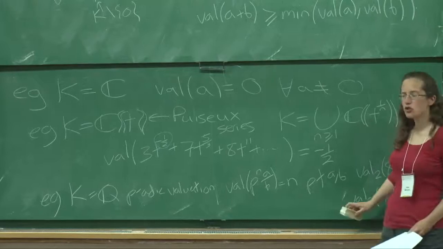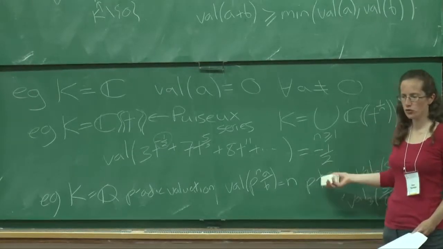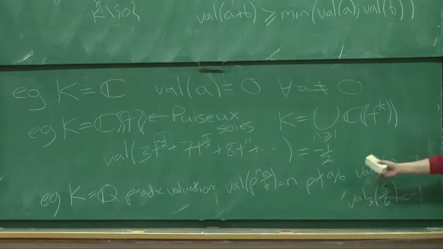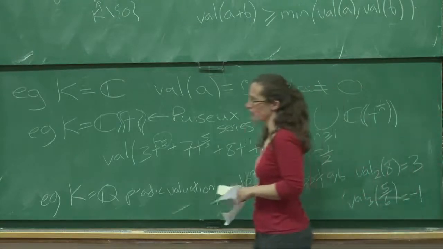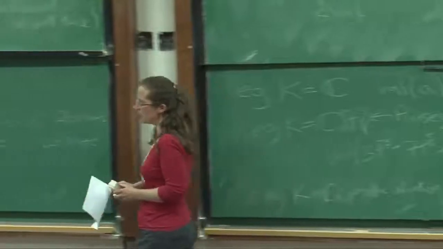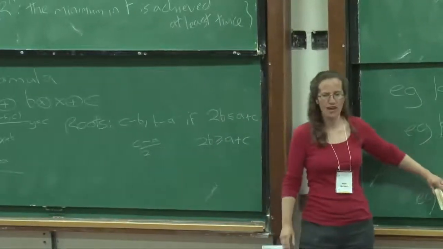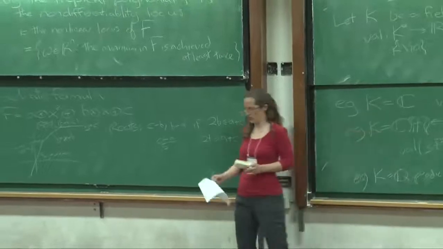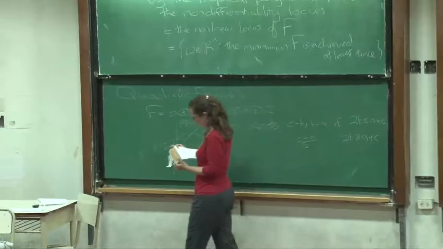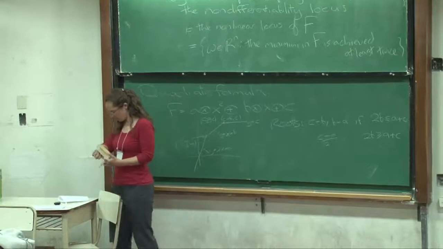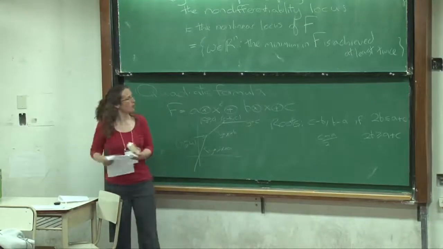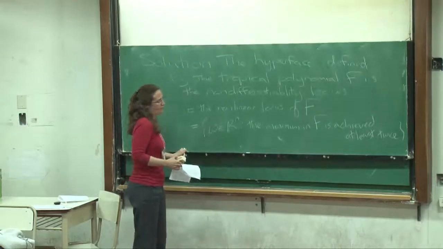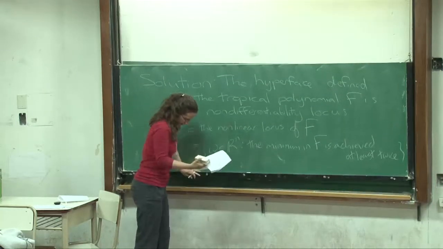I will mostly want an algebraically closed field, but you can always pass to Q bar here and then take the extension of the valuation. So it's a good one to do examples, and maybe if you'd rather have arithmetic connections instead of algebraic connections. Okay, so what do we want to do with valuations?